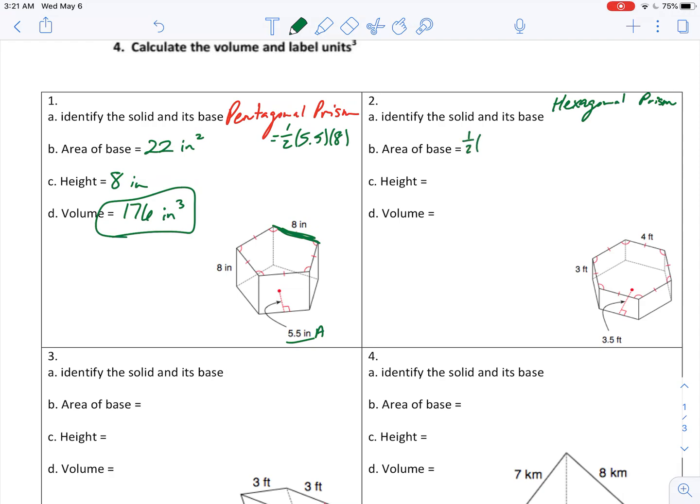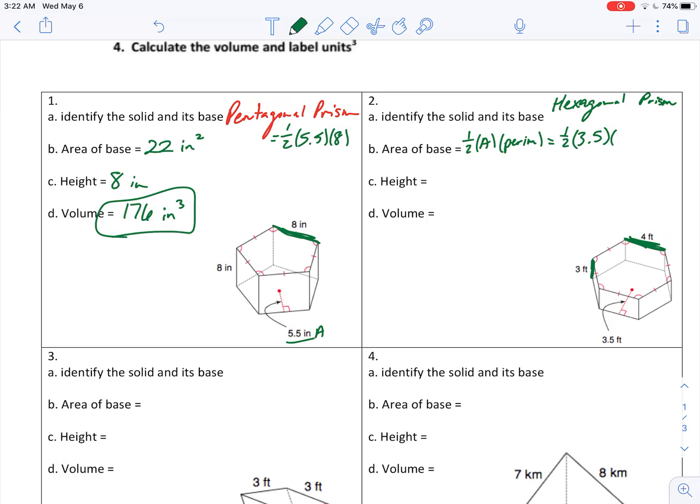This is, again, 1/2 apothem perimeter, which is 1/2 3.5, and the perimeter, here's where we've got to be careful. What's my side length? Well, 3 is over here, and 4, looks like 4 is going to be my side length.